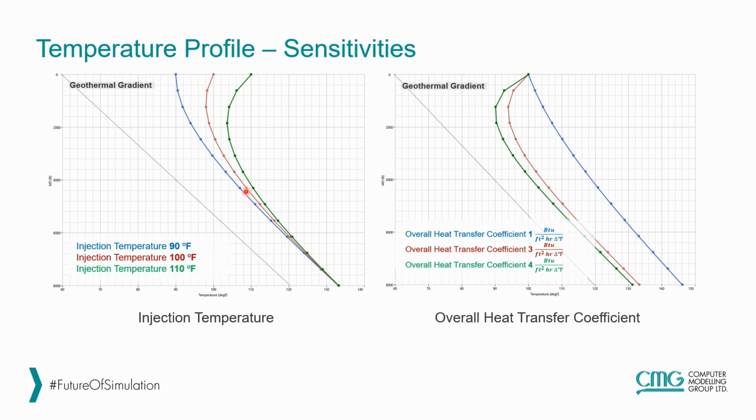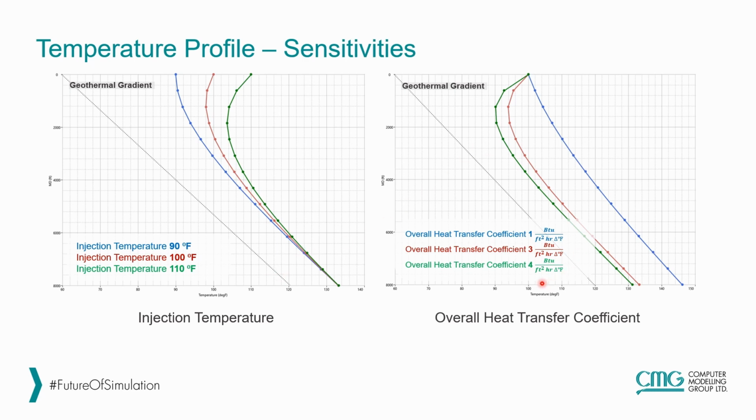And this is happening because when we give enough time for CO2 to exchange heat with the formation, they all are going to approach the same temperature, and the overall slope is being determined by the geothermal gradient.